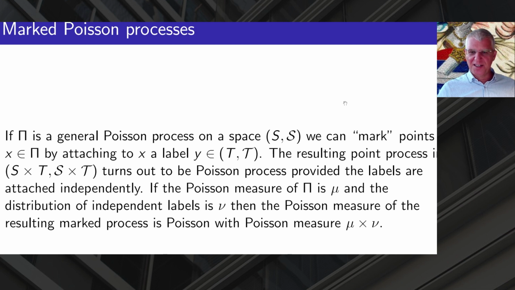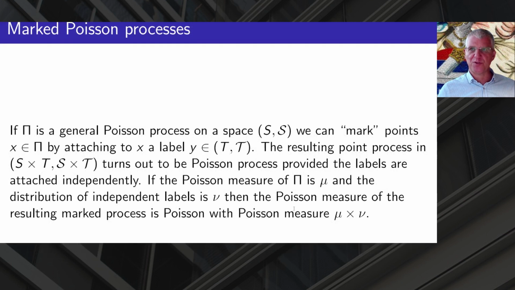And it doesn't come as a surprise that the measure of this new labeled process is the product measure. Here the labels are abstract labels, not 1 to 6, but you can imagine that you can attach all sorts of labels. You can attach a real number to a point of a Poisson process and call it a label, or you can attach an integer, positive or negative, to a point and call it a label. So labels can be very general.